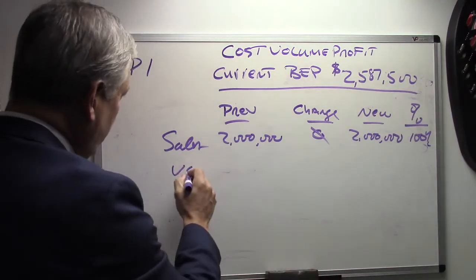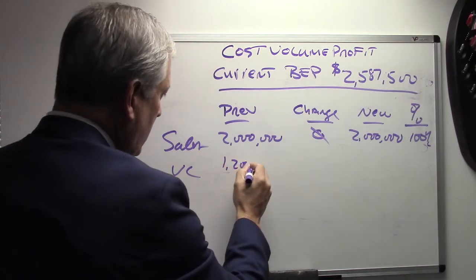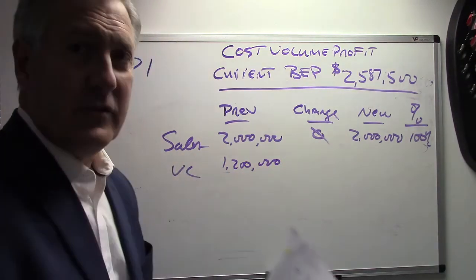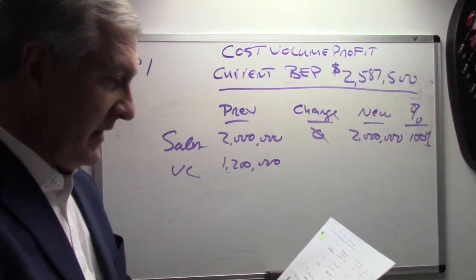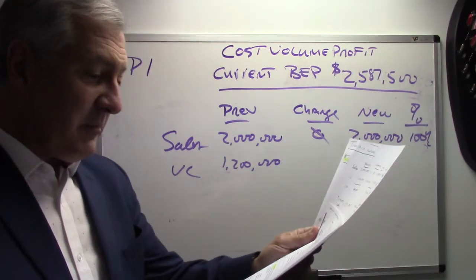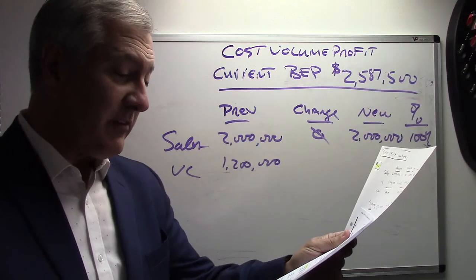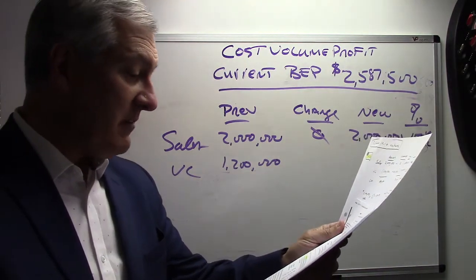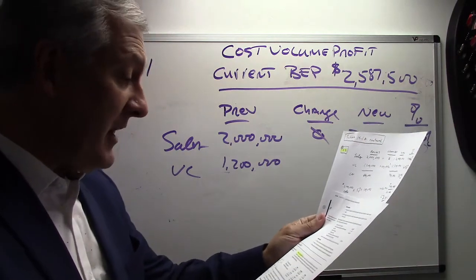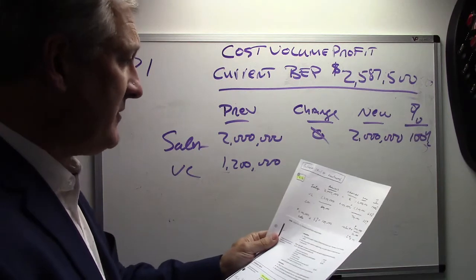What about variable costs? Variable costs were $1,200,000. They're saying the compensation changes to $40,000 plus a 5% commission on sales.